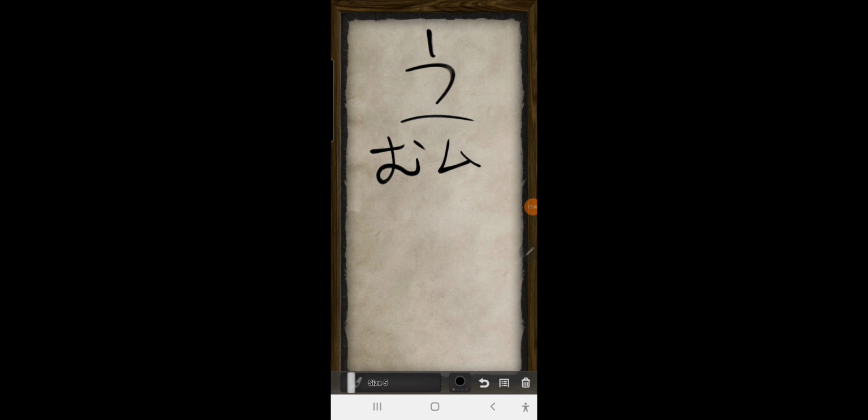Then we have fu, and Katakana is really simple. It's just whoop, whoop, like that.